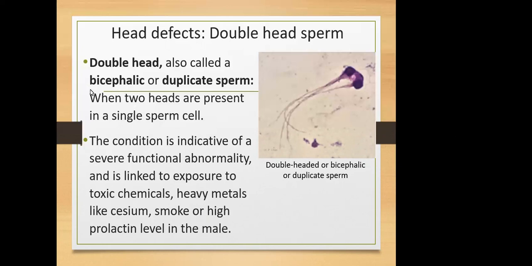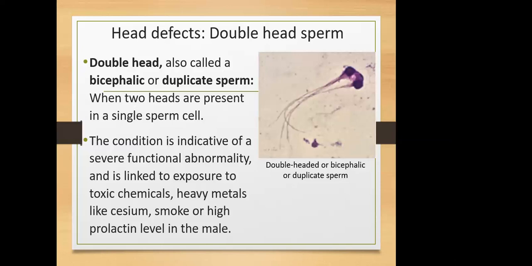So double head is the same as bicephalic or duplicate sperm. Duplicate here, you're talking about duplicate head. So the same thing. We just want to appreciate that you can meet different terminologies which will mean the same thing. So double head, bicephalic or duplicate sperm, they mean the same.